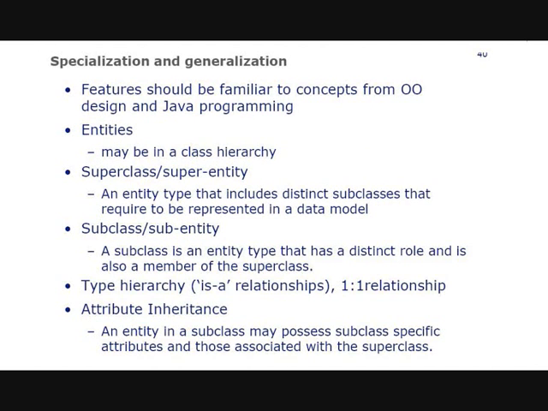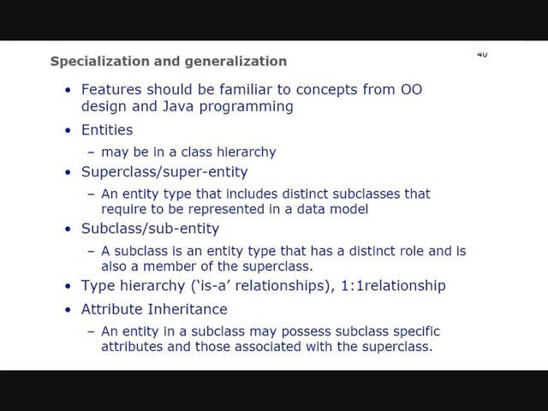So what I have there is that, and if you've done Java programming, object-oriented programming, you should be able to identify these things, because this is all to do with class hierarchies, attribute inheritance, and so on. So you should be familiar with all of this. Most of you probably have done some form of programming, so this should not be completely new to you.